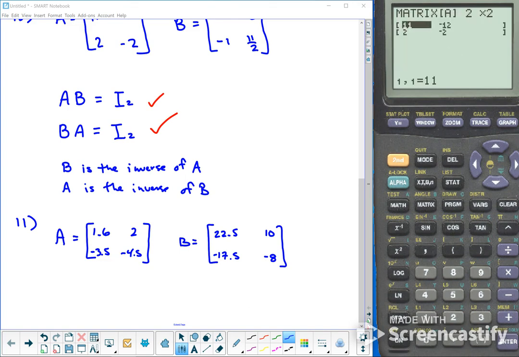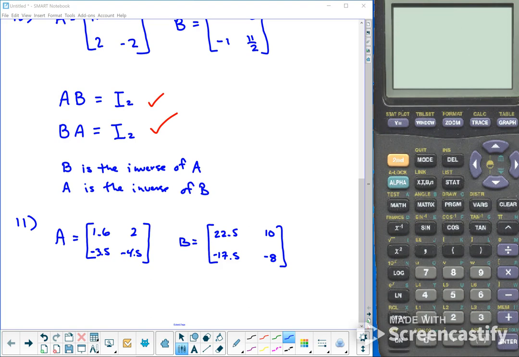A and B so nicely set up. So 1.6 for A, 2, negative 3.5, and negative 4.5. Okay, quit out of there. Pull up matrix B, edit that. Matrix B is 22.5, 10, negative 17.5, negative 8.